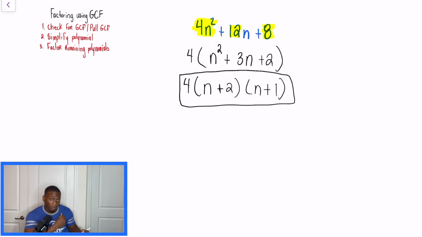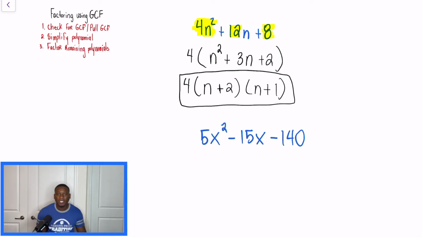Now let's go into problem number 2. Let's speed it up a little bit. Problem number 2, we have 5x to the second power minus 15x minus 140. I'm looking at these three terms, and the smallest number is 5. So I'm saying to myself, okay, 15 and 140, we're going to see if they're both divisible by 5.